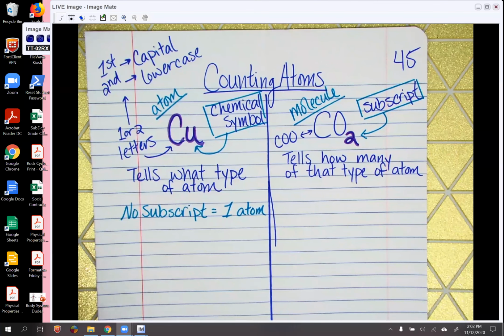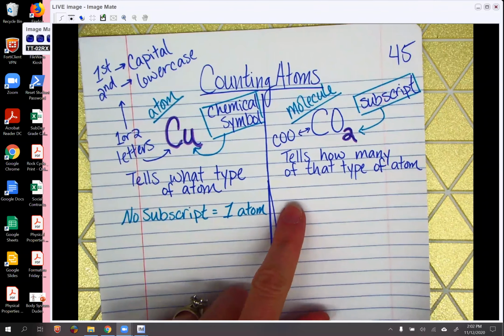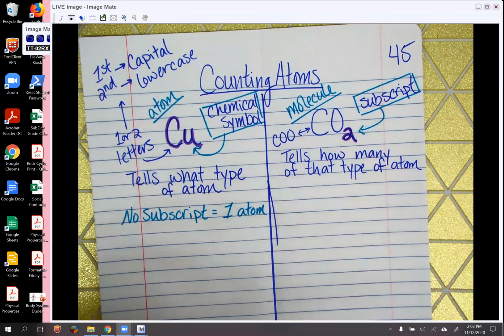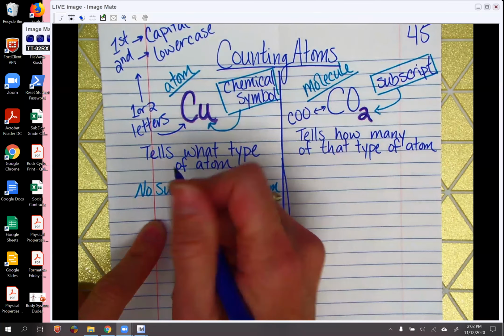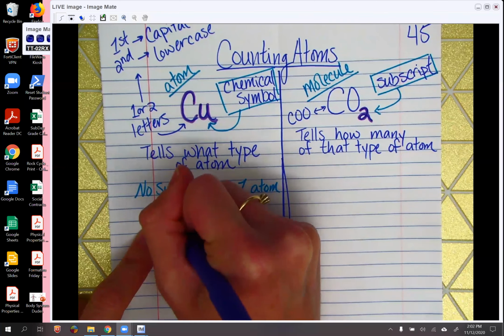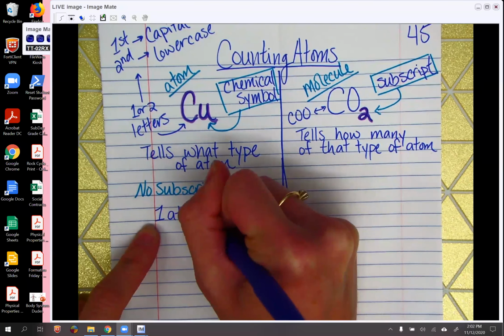All right. So for this one, I said this subscript meant we had 1 atom. So here, this represents 1 atom of copper.